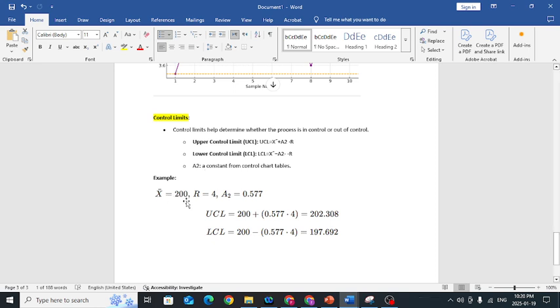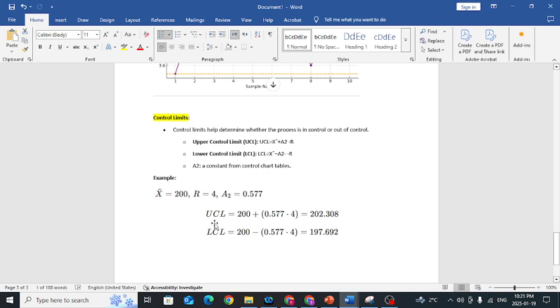So the X bar is 200, R is 4, and A2 is a constant, 0.577.